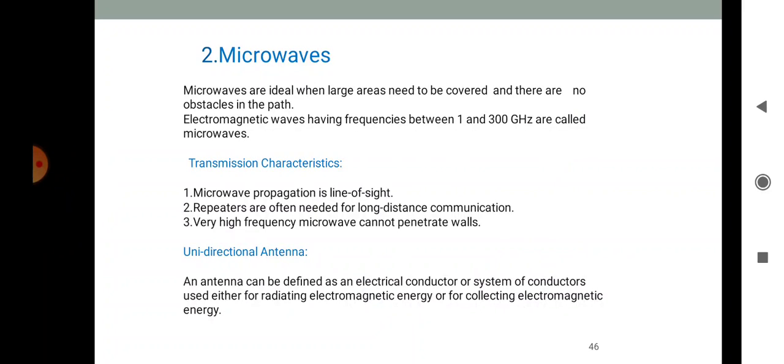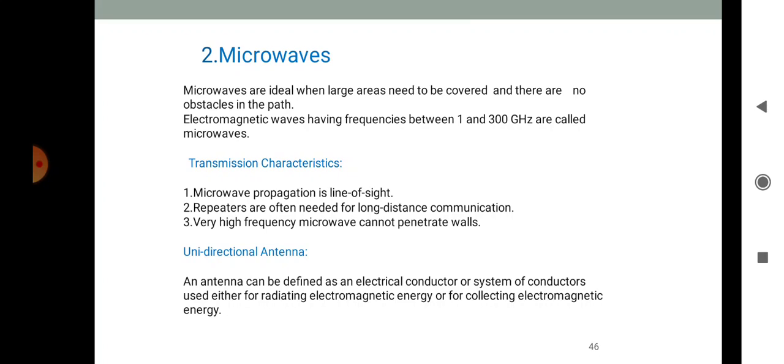Then second is microwaves. Electromagnetic waves having frequencies between 1 to 300 gigahertz are called microwaves. Microwaves are unidirectional, and microwaves are ideal when large areas need to be covered and there are no obstacles in the path.